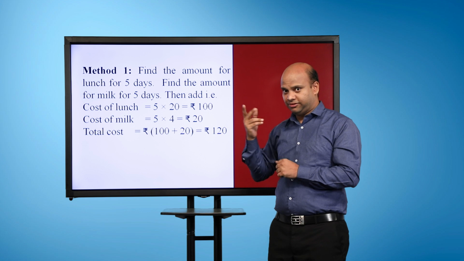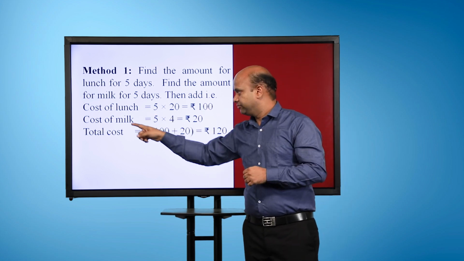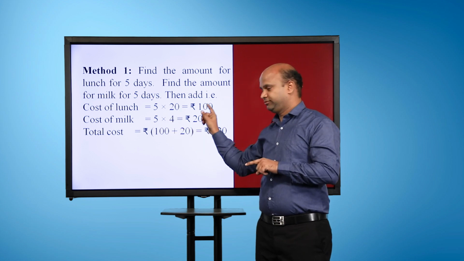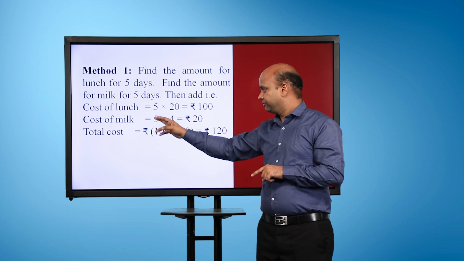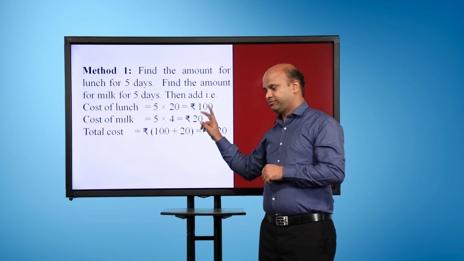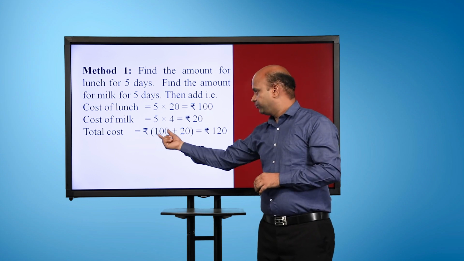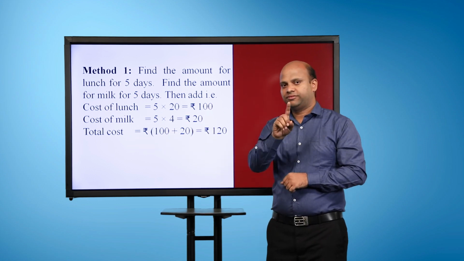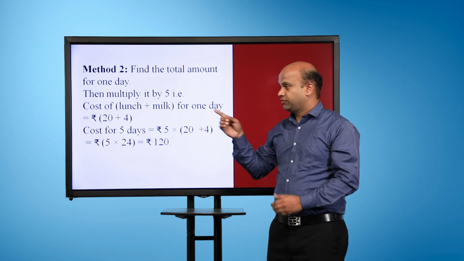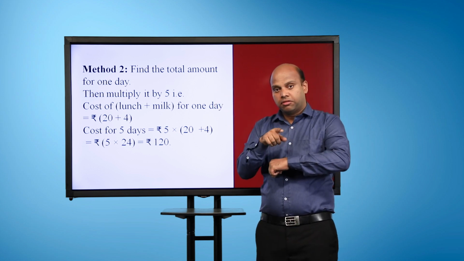Then add, that is, cost of lunch is equal to 5 multiplied by 20, which is equal to 100 rupees. Cost of milk is equal to 5 multiplied by 4, which is equal to 20 rupees. Total cost is equal to 100 plus 20. Method 2. Find the total amount for 1 day.